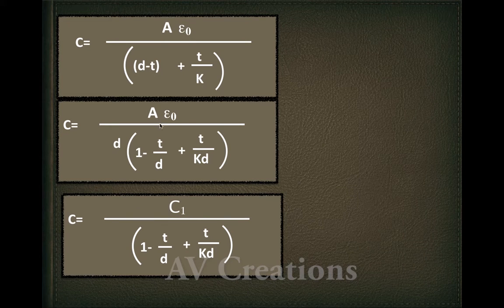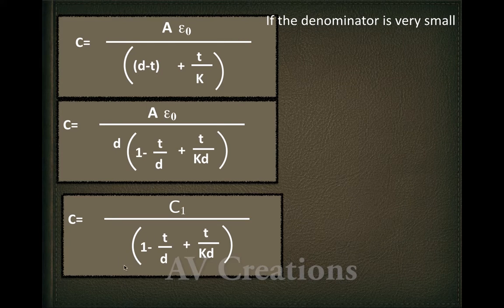And this A epsilon 0 by D is C1, as already mentioned in the first steps of this derivation. Then it will be C1 upon 1 minus T by D plus T by KD.